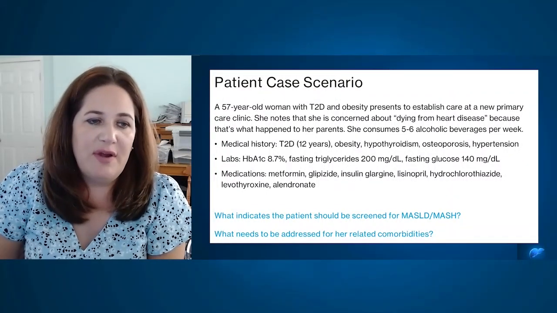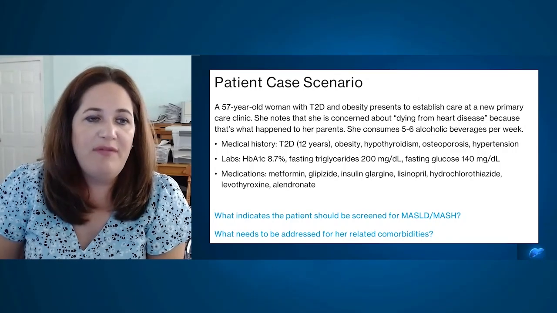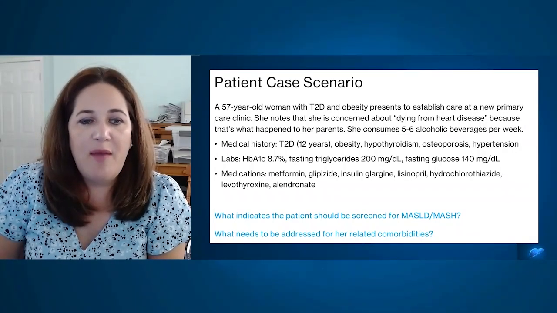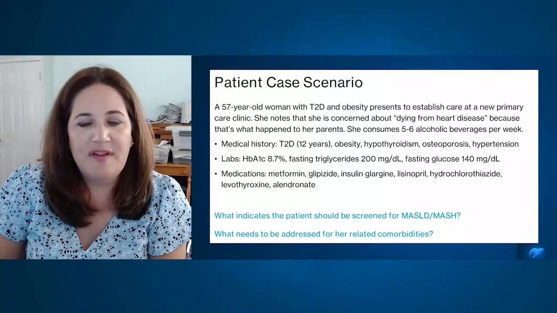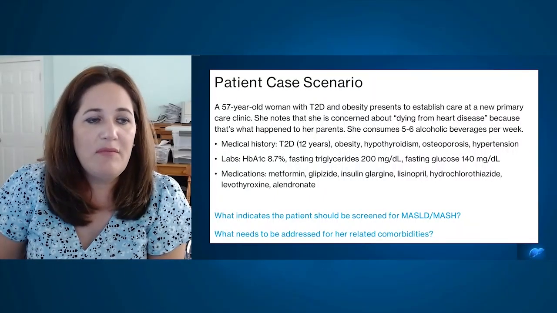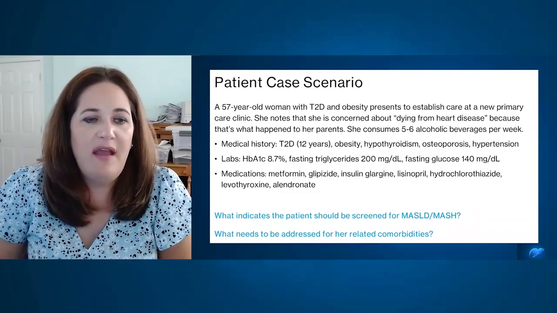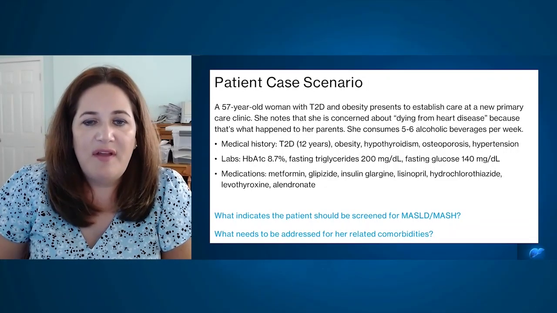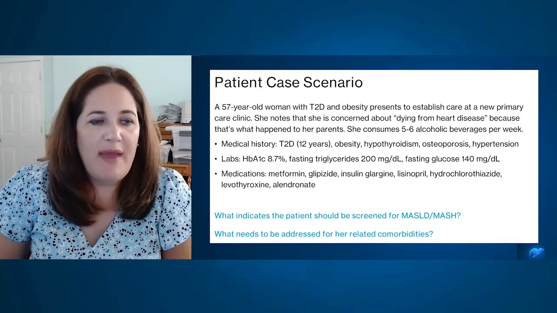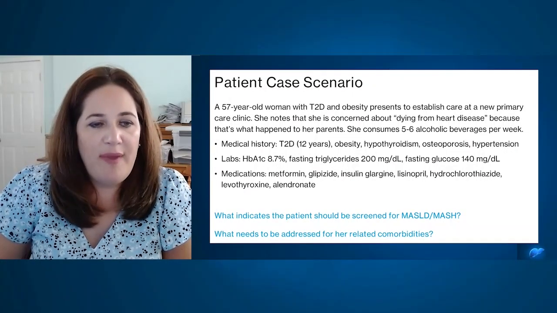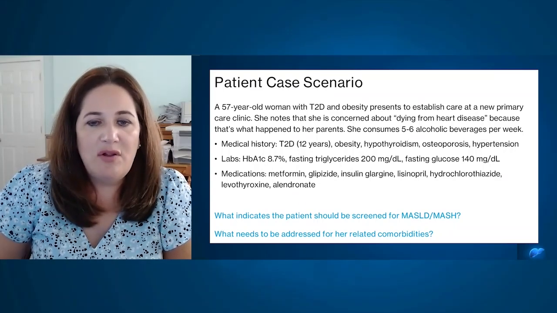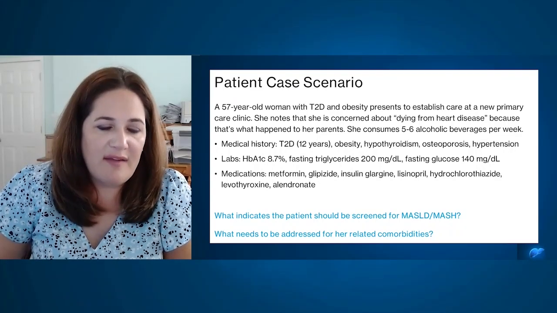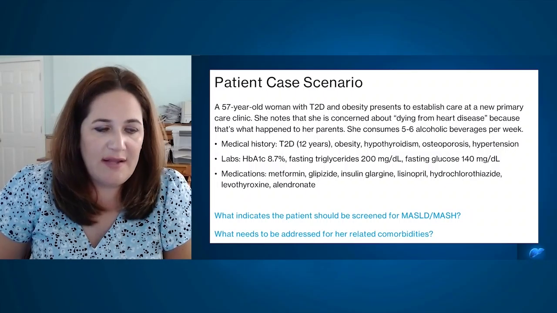Her medical history includes diabetes for 12 years, obesity, hypothyroidism, osteoporosis, and hypertension. Her labs show that she has a hemoglobin A1C of 8.7, fasting triglycerides of 200, and a fasting glucose of 140. Her medications include metformin, glipizide, insulin, lisinopril, hydrochlorothiazide, levothyroxine, and alendronate.